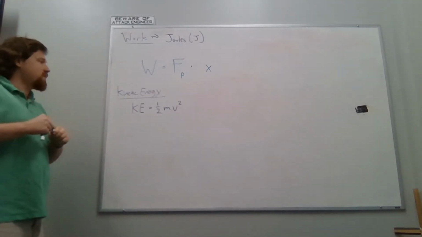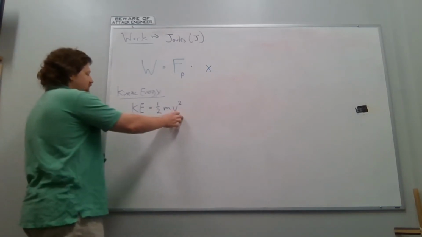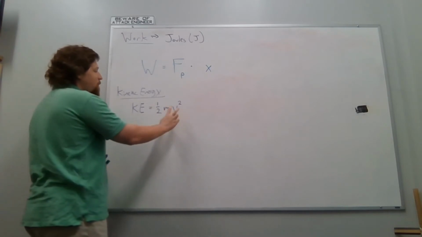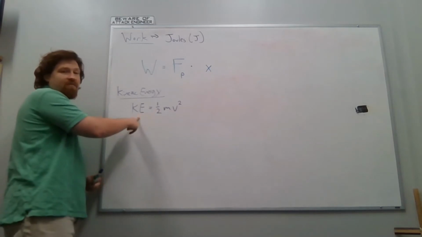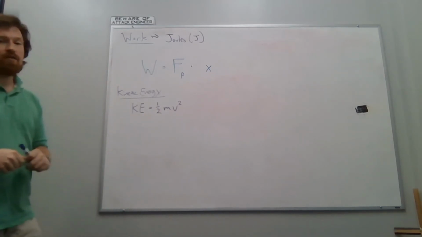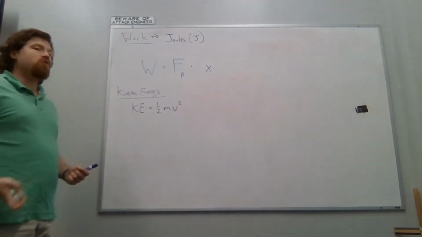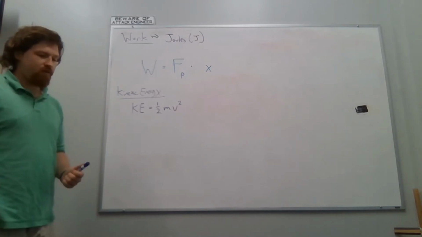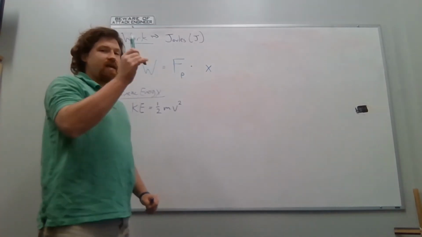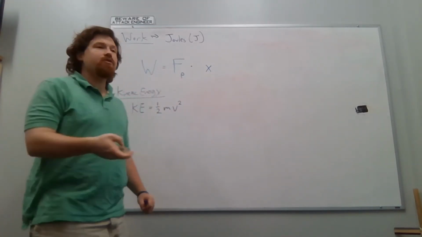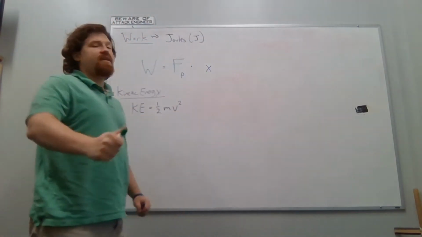So if an object has mass, and all objects do, and it has a velocity, if it is currently moving at some velocity, that object is going to have some amount of kinetic energy. So if I throw a marker into the air, I do work, exert a force on the object and make it move a distance. I am taking the mass of this marker and giving it energy. It now has a velocity because I have given it kinetic energy.